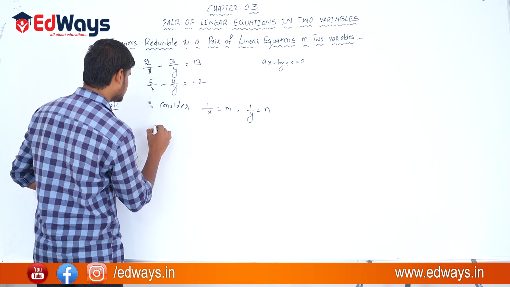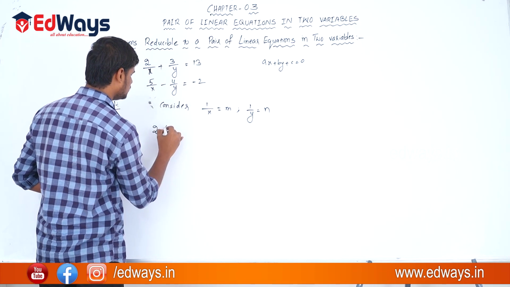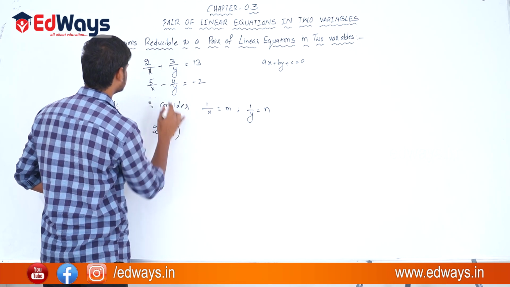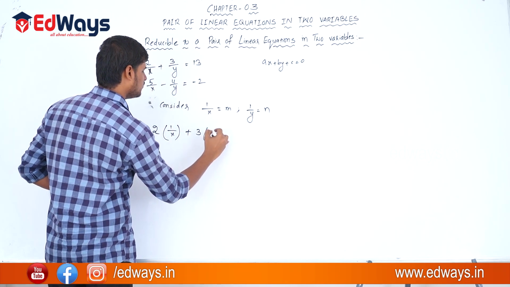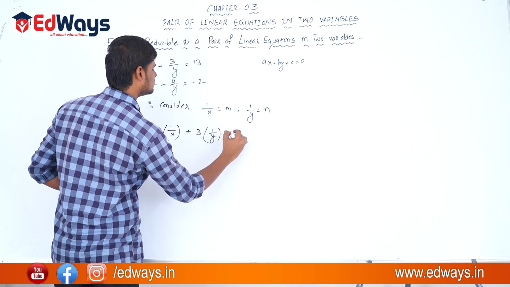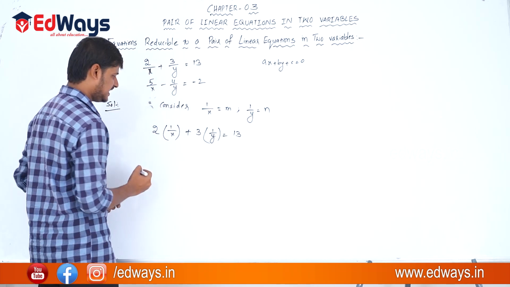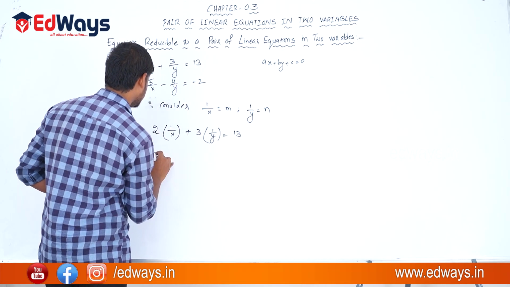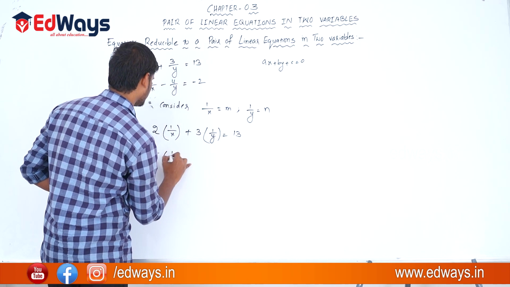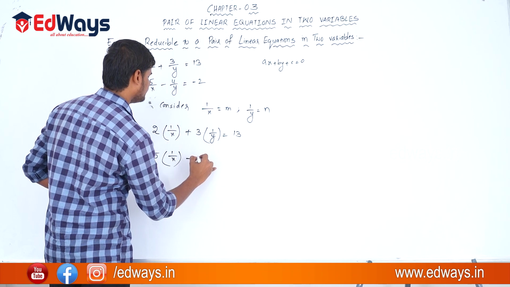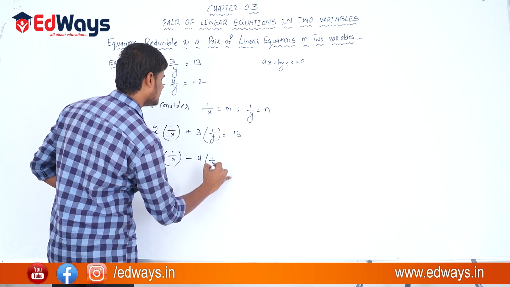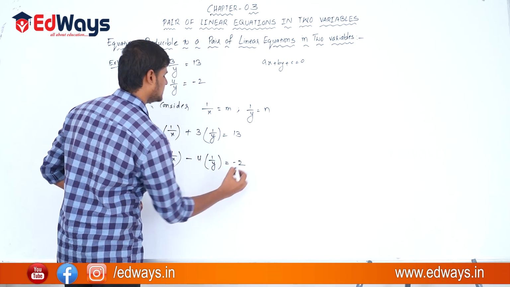So in that case I can write these equations as 2 into 1 by x plus 3 into 1 by y, that is equal to 13. Then the second equation I can write as 5 into 1 by x, that is 5 by x again, minus 4 into 1 by y, that is equal to minus 2.